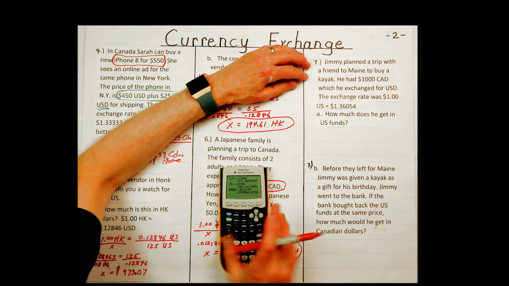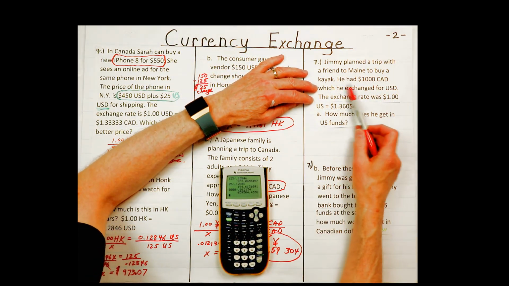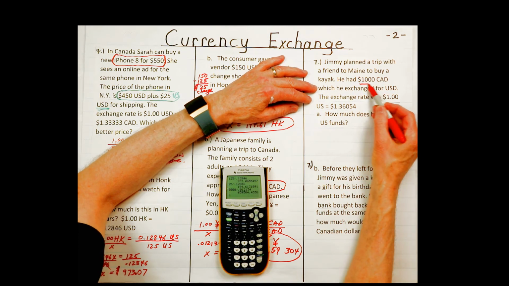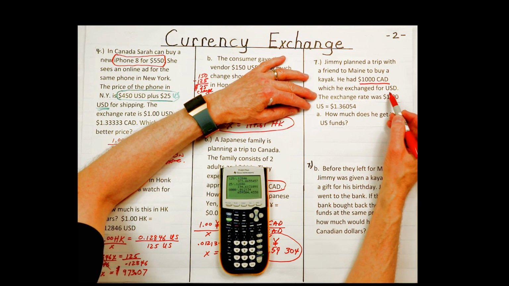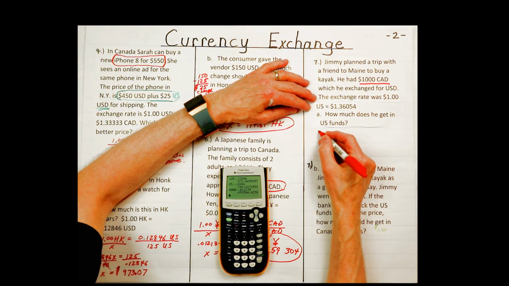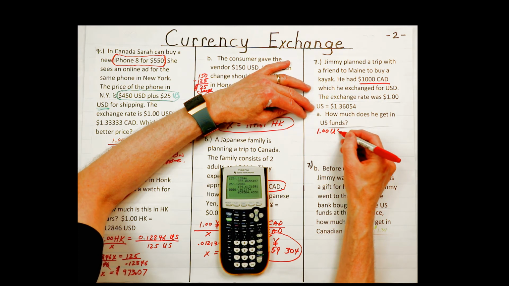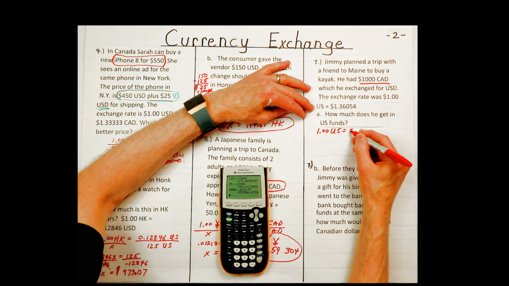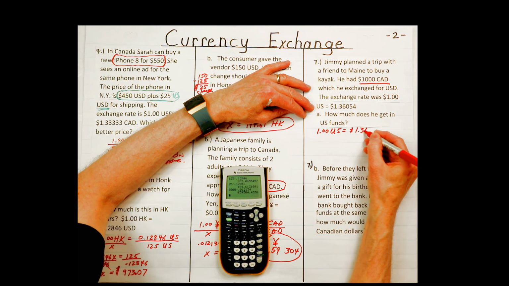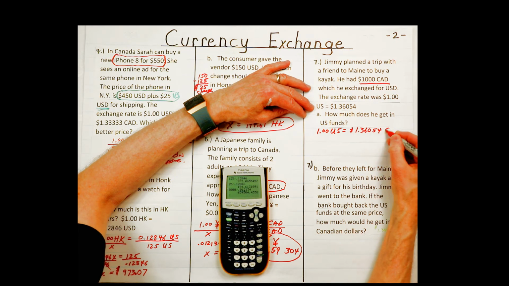Number 7. Jimmy planned a trip with a friend to Maine to buy a kayak. He had $1,000 Canadian, which he exchanged for US dollars. The exchange rate was $1 US equals $1.36054 Canadian.